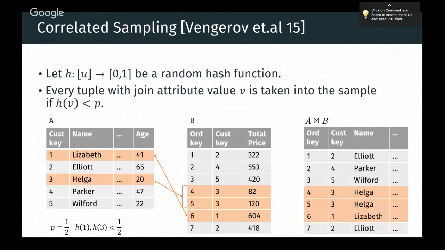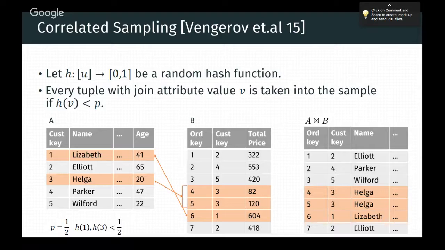Another sampling-based method is called correlated sampling. It uses a hash function to establish the relationship between two tables. So it defines a function h from the domain of the join attribute to 0 to 1.